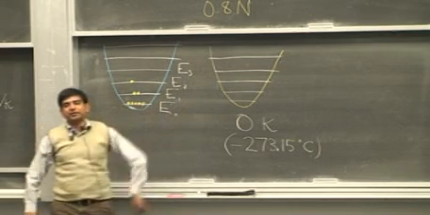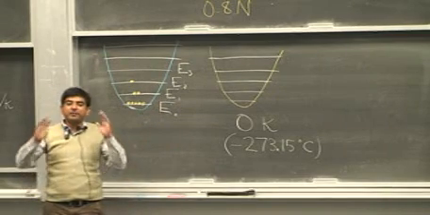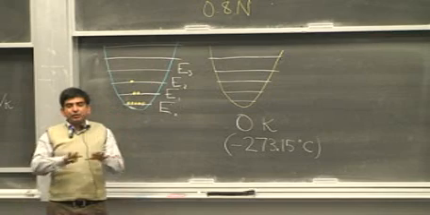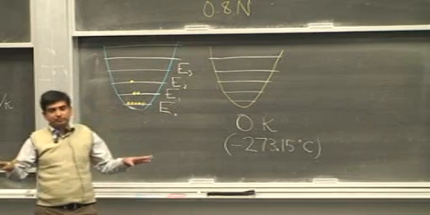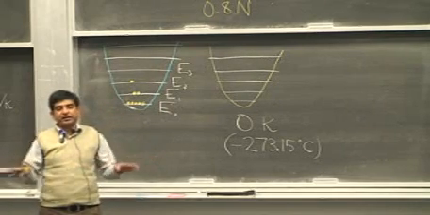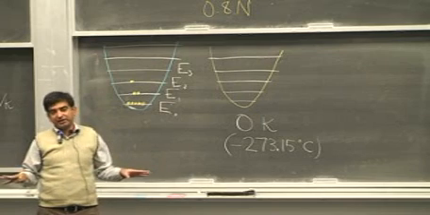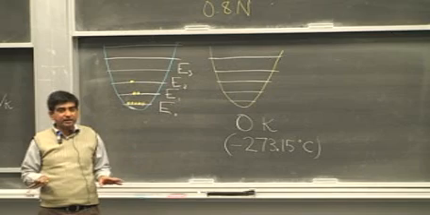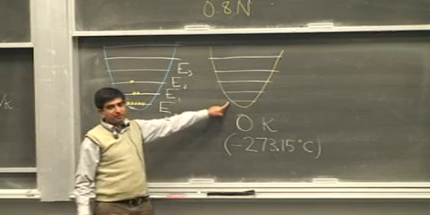Which of these levels is likely to be populated from an intuitive perspective? E0. At 0 Kelvin, I have vacuum. I have just the ground state energy. I have no thermal energy inside the atom. I have no internal energy inside the atom. So only the ground state has to be populated.